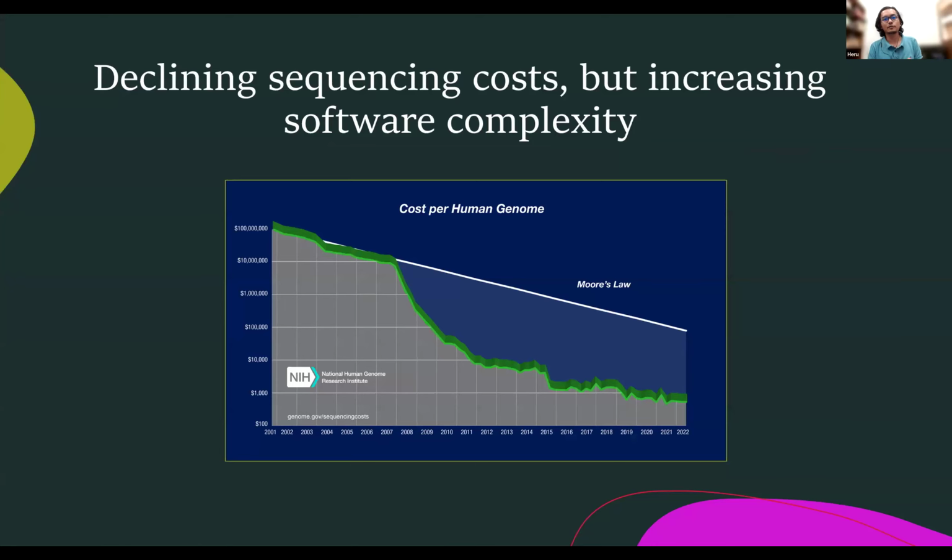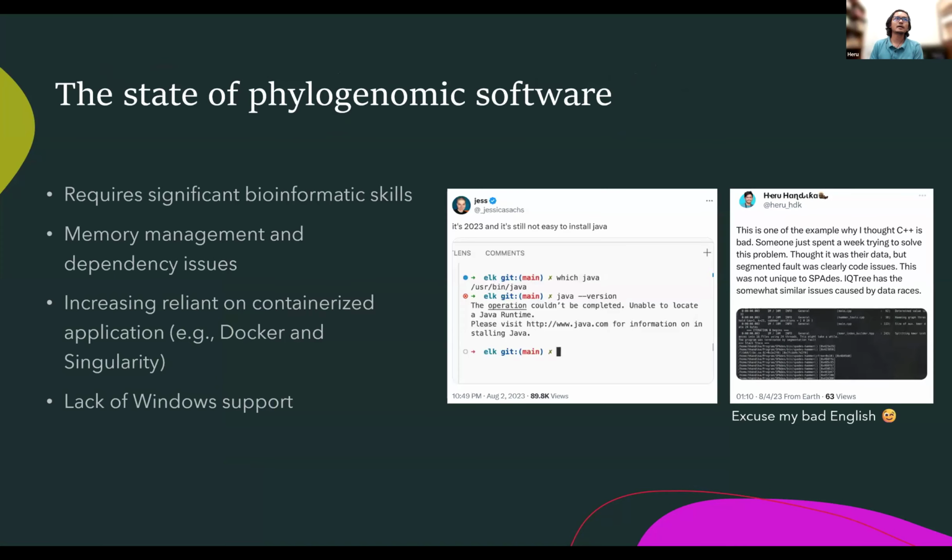I think all of you are aware that sequencing cost is declining, but the software that we need to run the analysis is also becoming more complex. It often requires significant investment in computing resources and technical support, which is out of reach for many people. And in general, it requires significant bioinformatics skills, and some software has problems with memory management and also dependency issues.